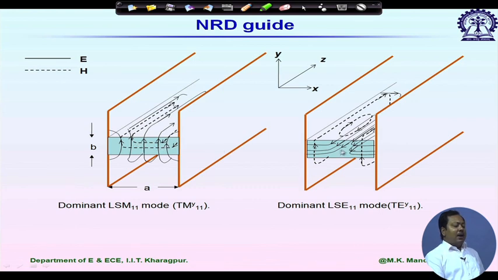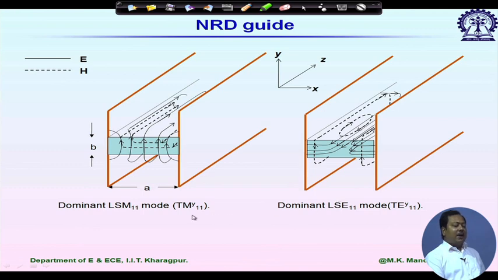So on the right side we are expecting higher conductor loss since its electric field maxima is near the conductor plane. That is why the LSE mode will give you higher loss compared to the LSM mode, and not only that, these two modes are orthogonal to each other.